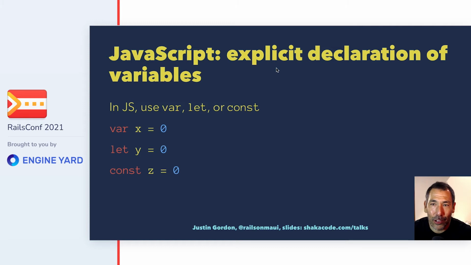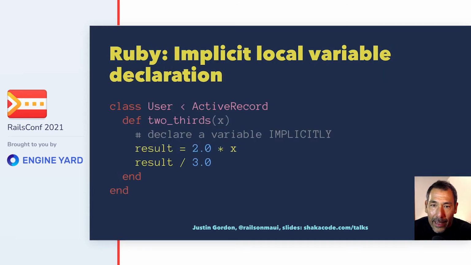Next, with JavaScript you have to have explicit declarations of variables. You have to use var, let, or const. In Ruby, it's implicit. This is a really key thing because it's going to affect how we know what self is.